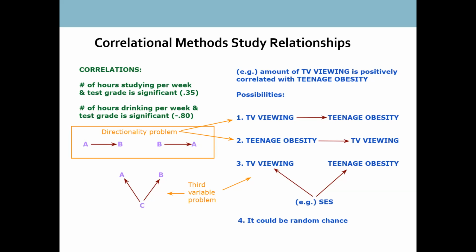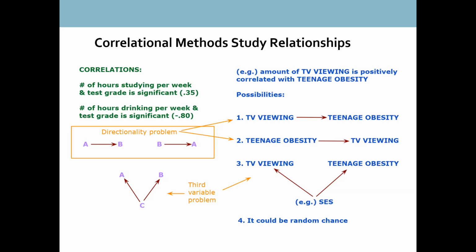And this tells us it's a very strong relationship, that the number of hours of drinking really is very strongly related to test grades. The 0.35 is also statistically significant, but it's not as strong or as closely related as the time spent drinking alcohol.